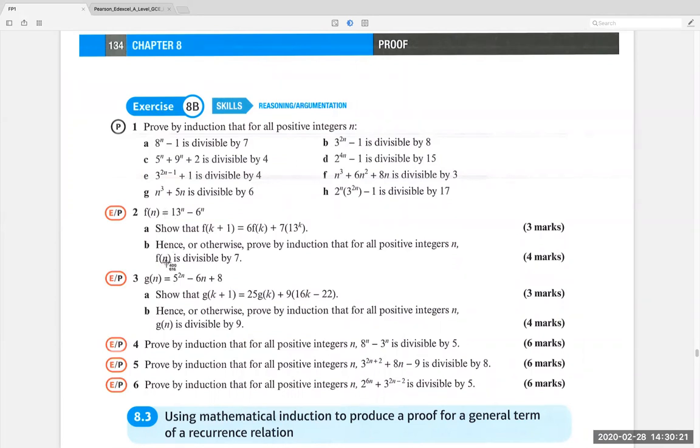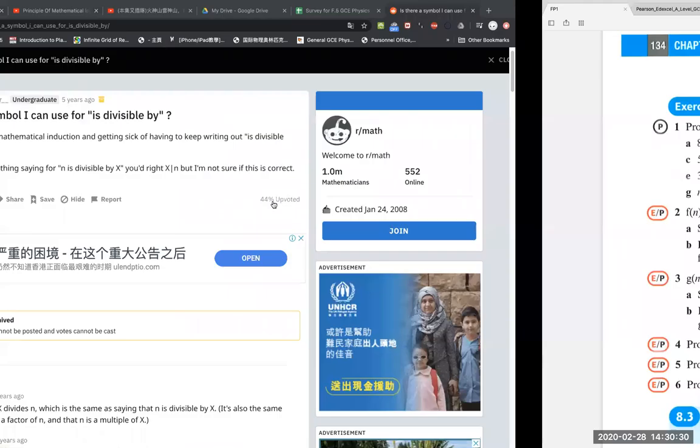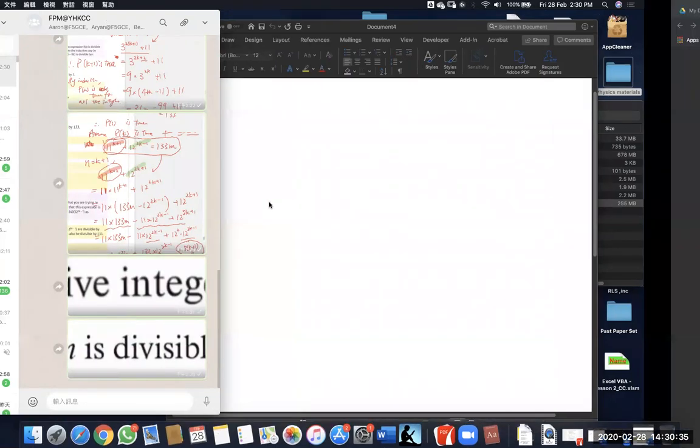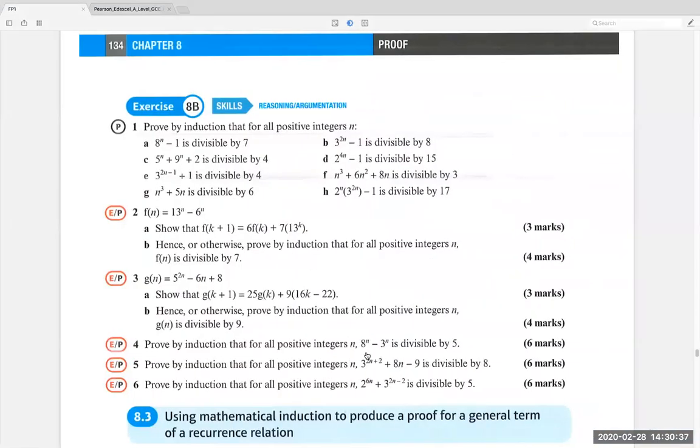Let's say this one, G. So take some time to do it by yourself. Question 4, so maybe just highlight this one and this one. Just follow the steps.